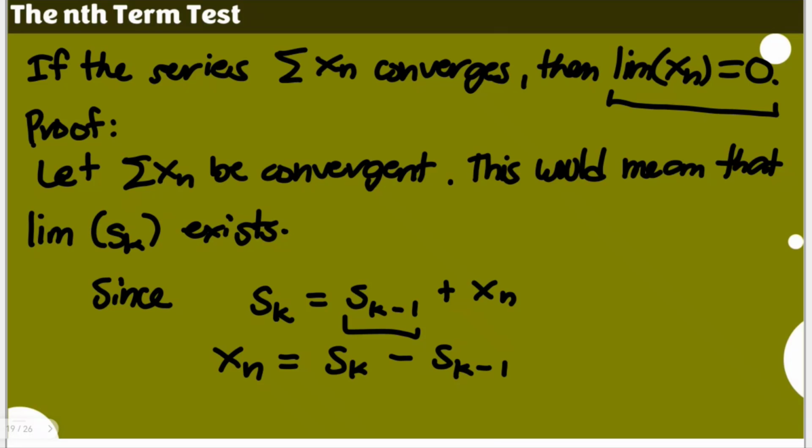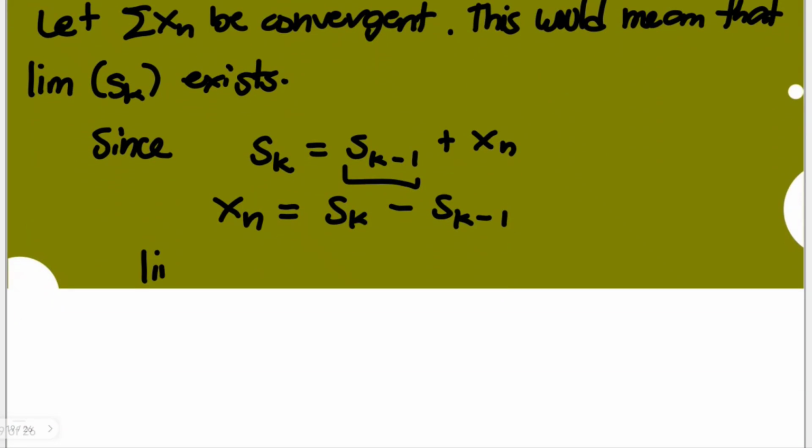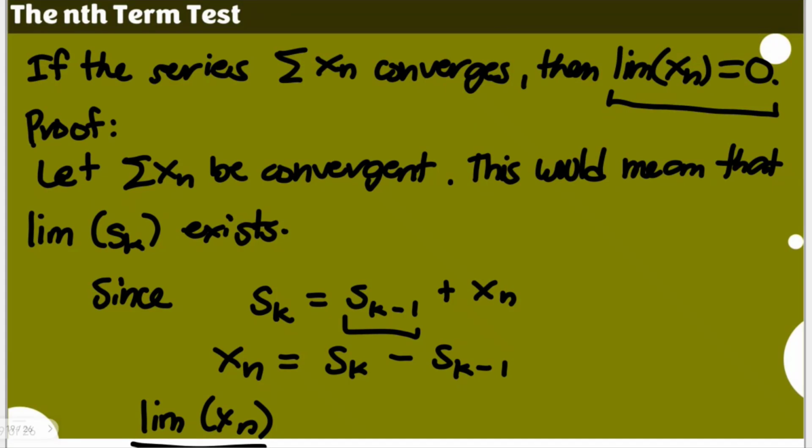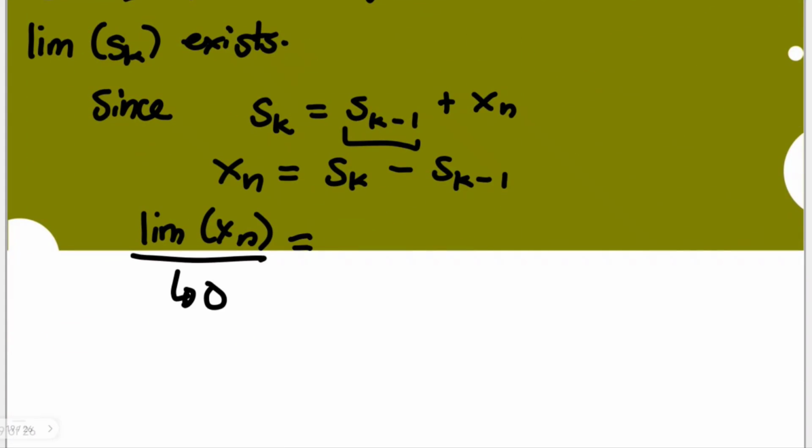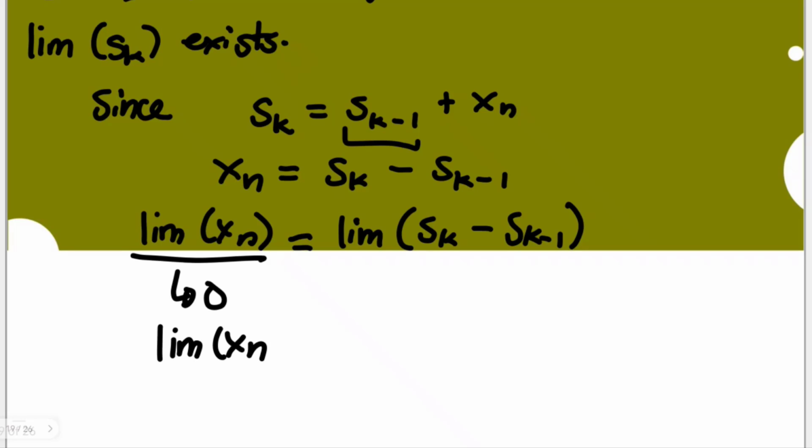So using this, if we take the limit of both sides, the limit of x sub n, which is what we would like to show to be 0 for this nth term test to hold, is also equal to the limit of the difference of s sub k and s sub k minus 1. So going further, the limit of x sub n, we don't know this yet, but that's our goal.